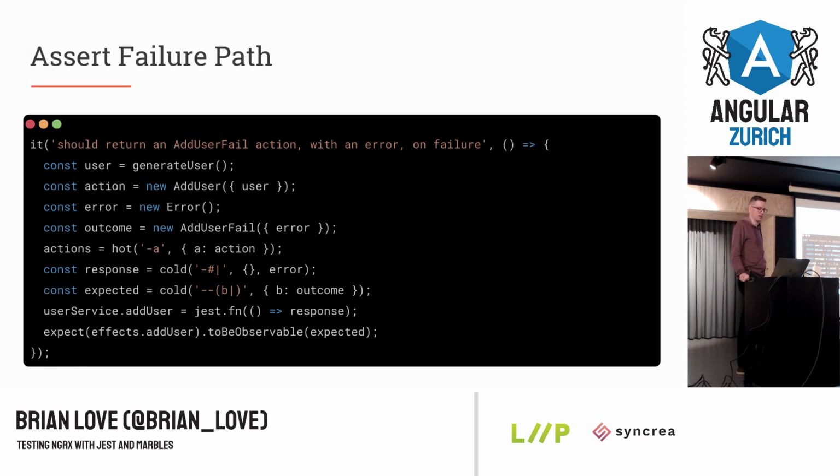So the question is, the response is a cold observable stream, and where is it being subscribed to? Let me think about that. So response is what is coming out of add user, right? And so where does that get subscribed to?